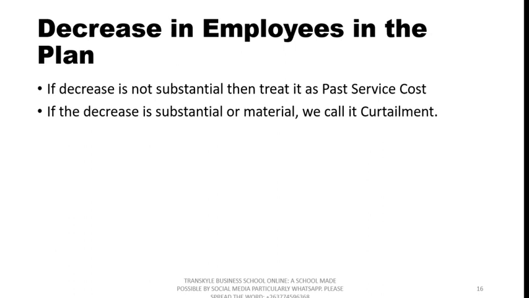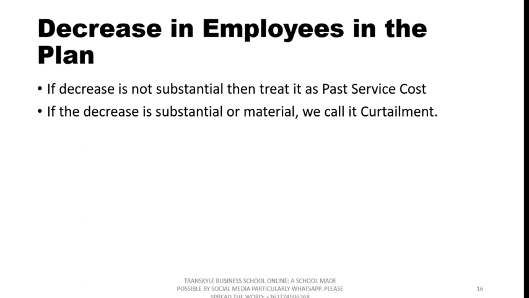So they fire, they make employees redundant and so forth. All right. So when employees are made redundant, automatically the plan is going to have fewer employees because some would have been made redundant. So it is now an issue of numbers.